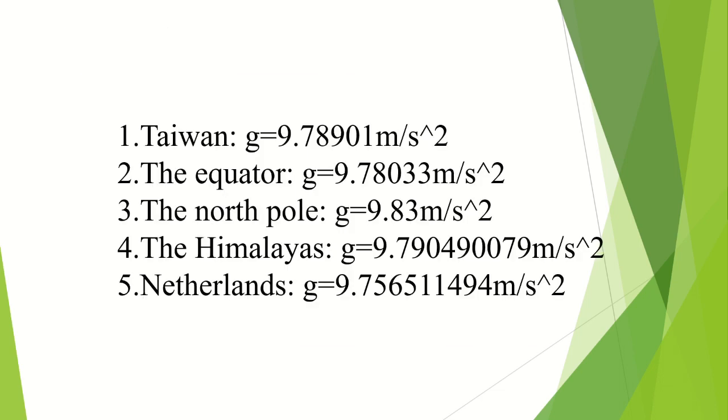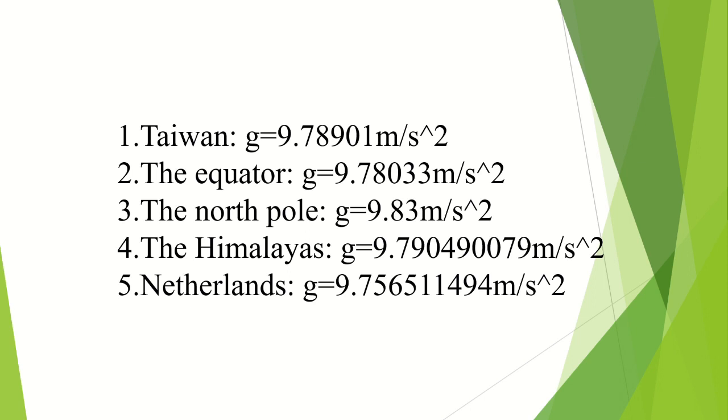After our calculation, we get the values. The value of G for Taiwan is 9.78901 meters per square second. For the equator, it is 9.78033 meters per square second.